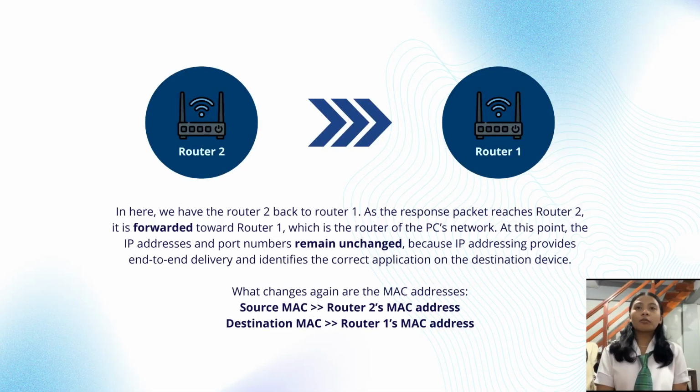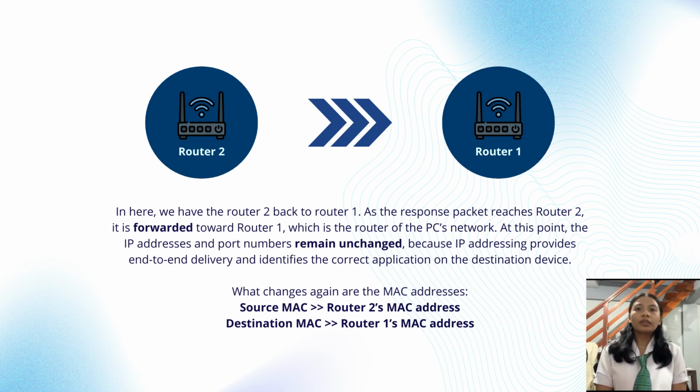So first, from router 2 to router 1. Here, we have router 2 back to router 1. As the response packet reaches router 2, it is forwarded toward router 1, which is the router of the PC's network.